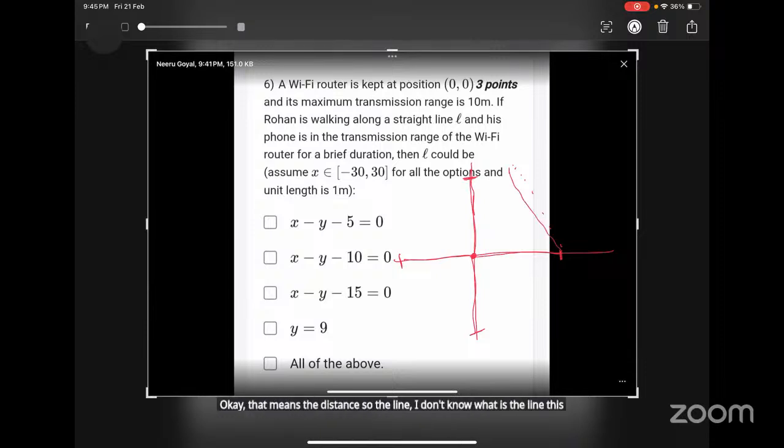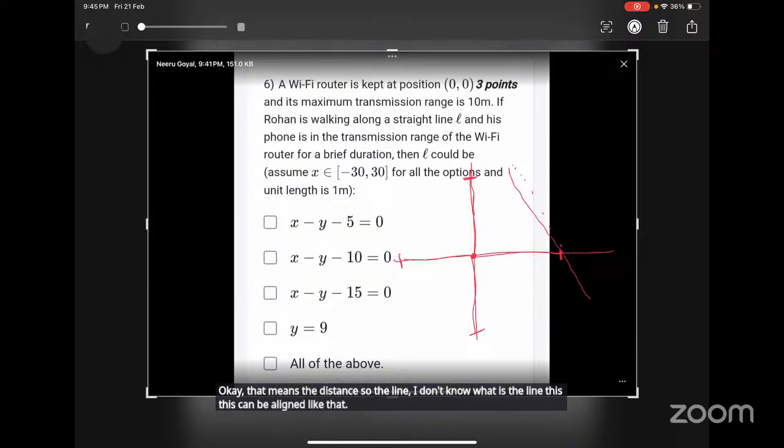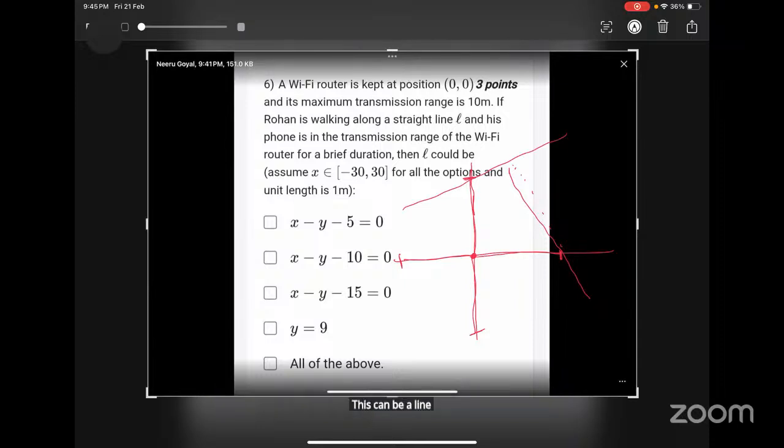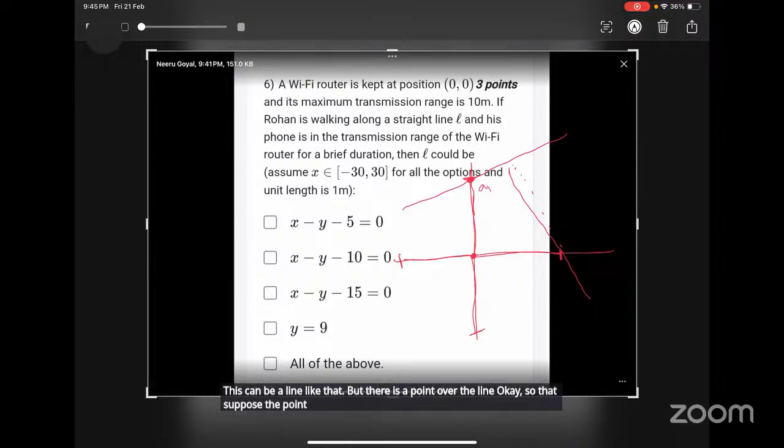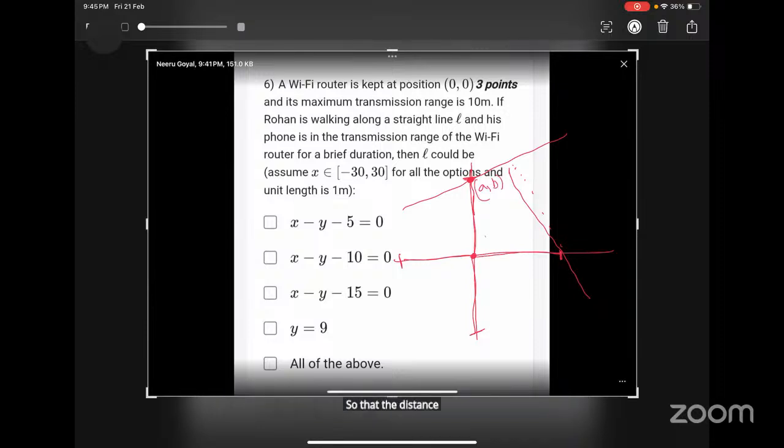This can be a line like that, this can be a line like that. But there is a point on the line, suppose the point is A comma B, so that the distance between 0, 0 and A comma B is 10.